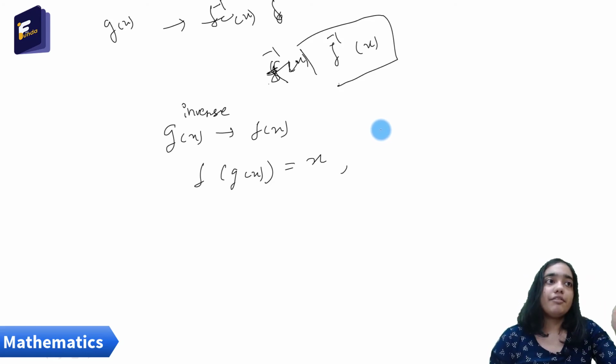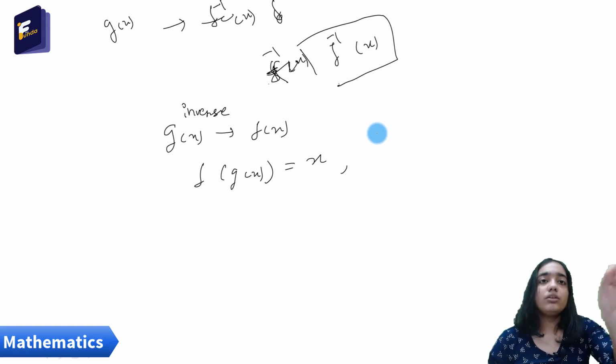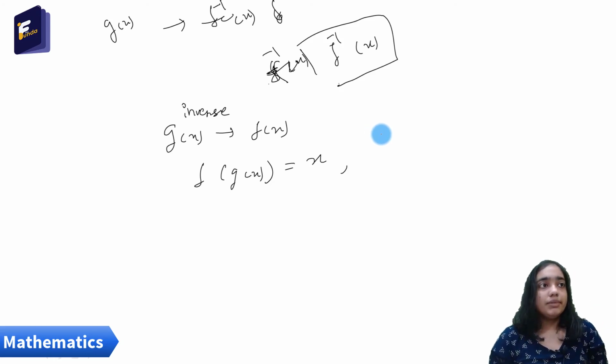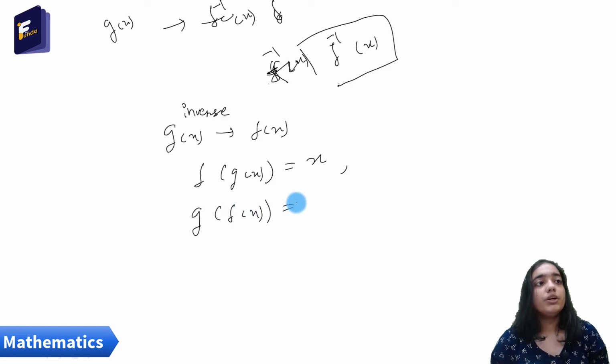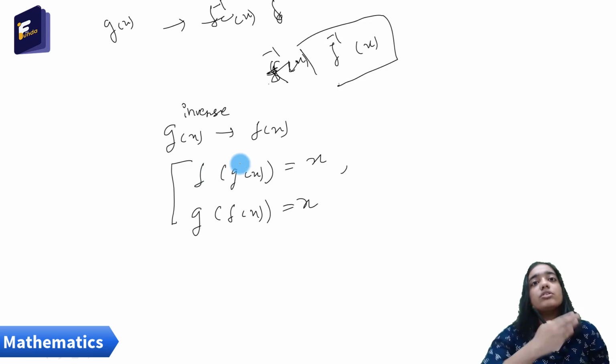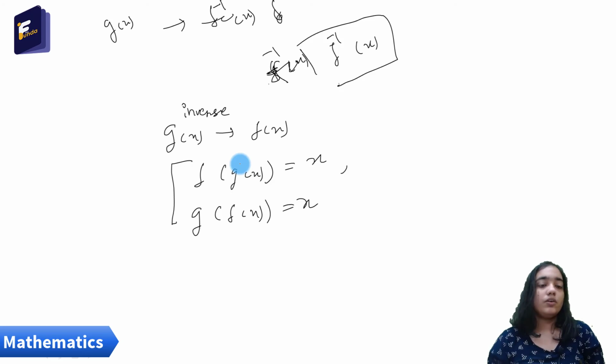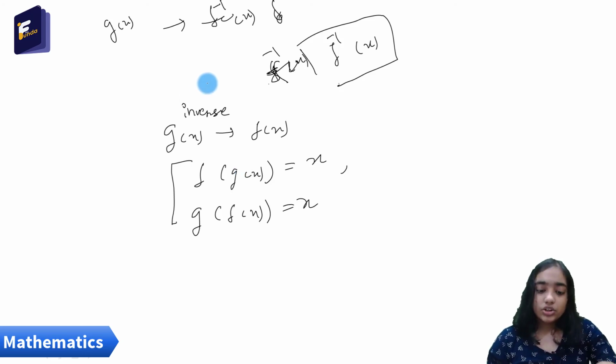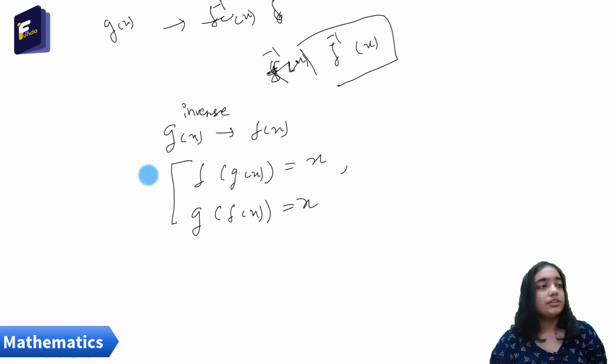Similarly, g of f of x will also be equal to x. In both cases this is the working rule for inverse. So g is the inverse of f, and f is also the inverse of g actually. Now we have to find the inverse of a function.